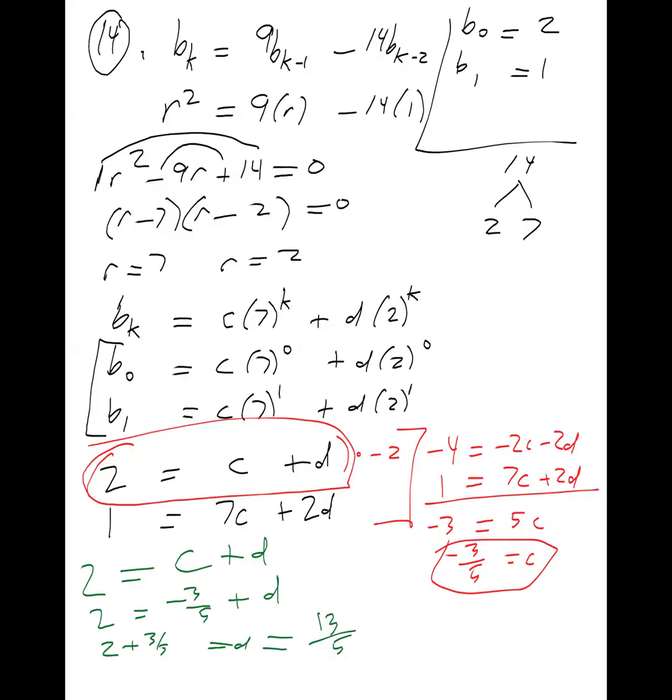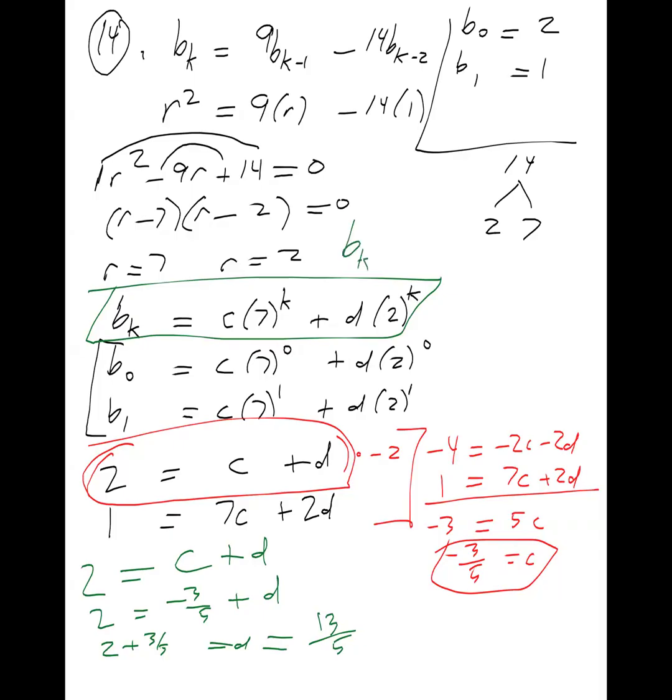So one final step, which is to write it all together. So where is my formula? Right here. That's going to be the answer that I circled in green once I plug in those two constants into that formula. So the final answer is going to be BK.